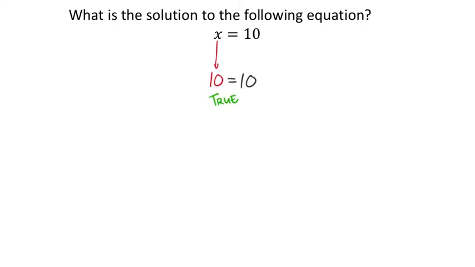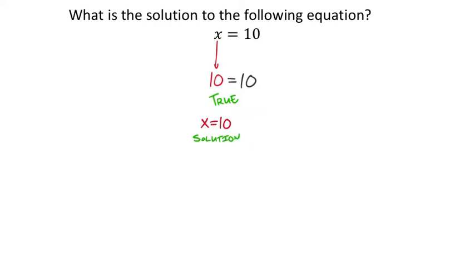Now be careful, there's people out there that would say that 9 equals 10, and that's good enough. It's just that it's a false statement, okay? So right here, we would even write the solution as x equals 10. So if you replace x with 10, then you get a true statement, and so we would say, well, I have my solution.